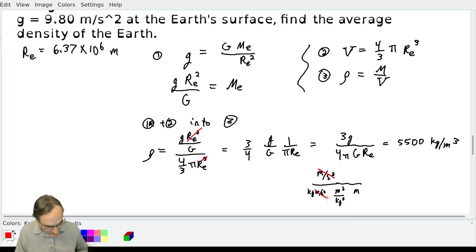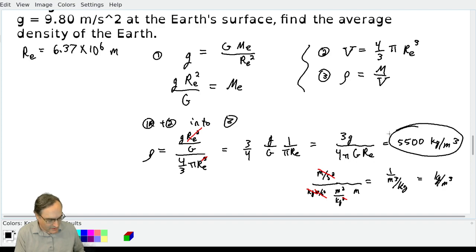Meter per second squared would cancel with the meter per second squared coming from the Newton. One of the kilograms cancels. We've got a meter squared times a meter is a meter cubed. So we've now got 1 over meter cubed per kilogram, which we can invert and multiply, and we do get kilogram per meter cubed as expected. So this is just an example of checking your dimensional analysis at the end to make sure you're getting the expected units. 5,500 kilograms per meter cubed is pretty reasonable.